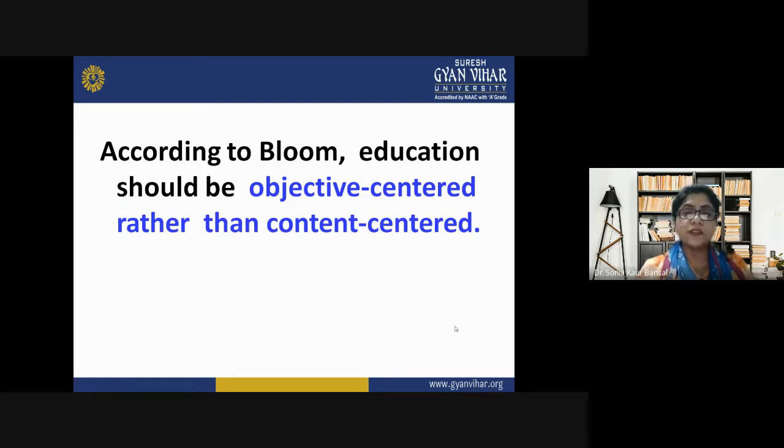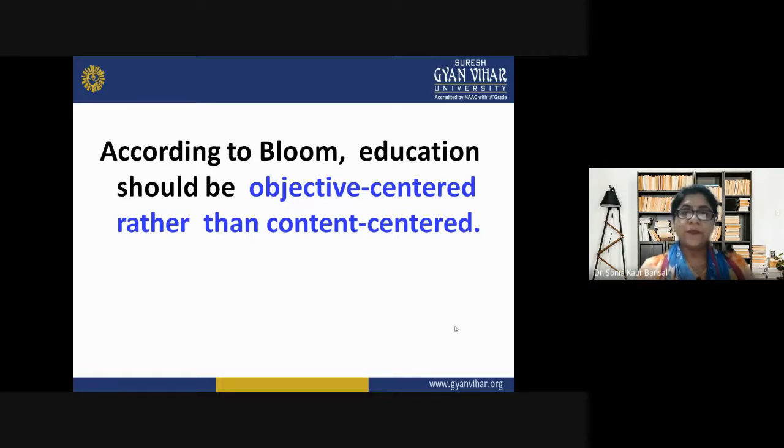So according to Bloom, education should be objective centered rather than content centered. Whenever we are teaching our students, first of all, we must be very clear in our thoughts about what we are going to achieve after teaching.